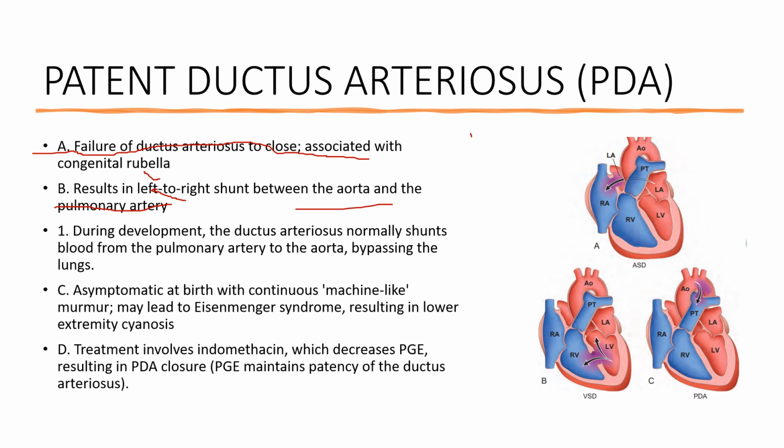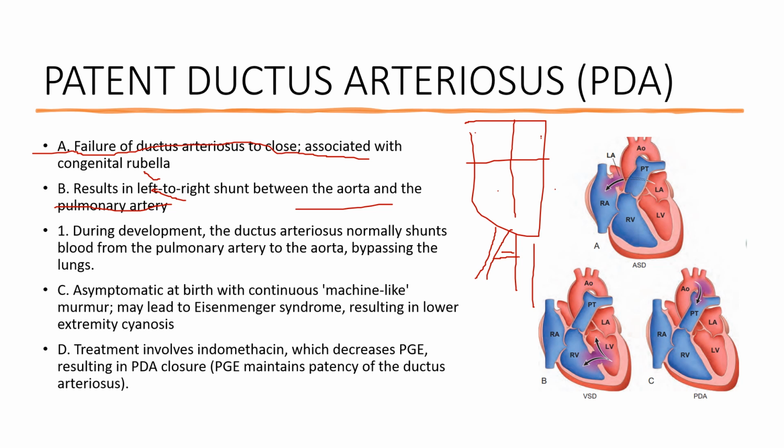See guys, this is the normal heart. This is right and left atria, right and left ventricle. This is the pulmonary artery, and this is the aorta. And this is a PDA, that is a patent ductus arteriosus.